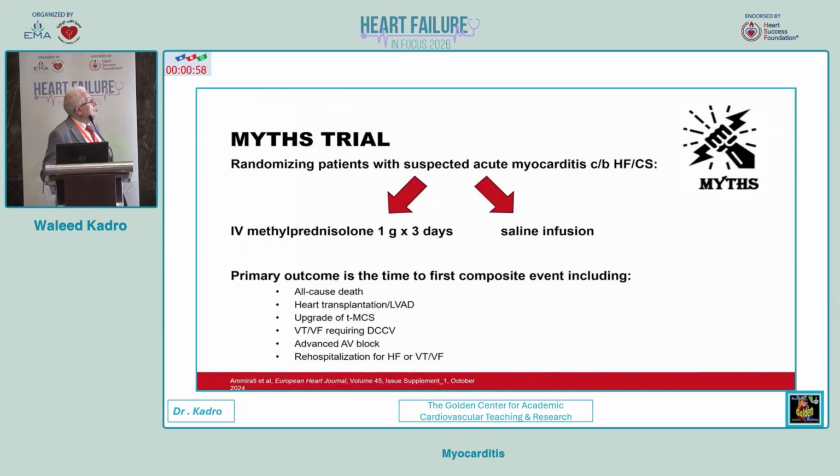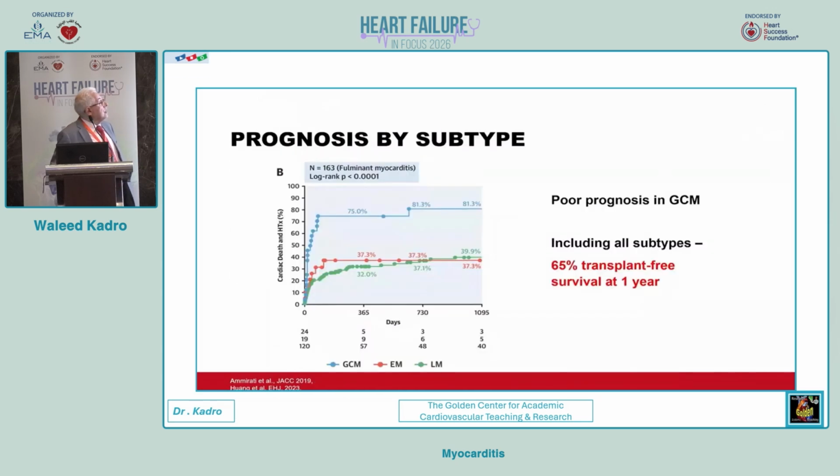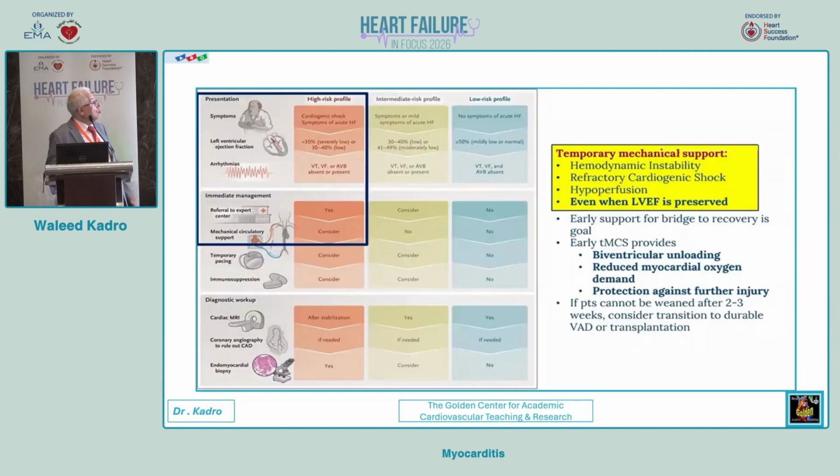Whether steroids are of benefit with simple lymphocytic myocarditis, we don't know. We are waiting for the MYTHS study, the methylprednisolone therapy trial, to predict whether it's effective in lymphocytic myocarditis. The prognosis is according to the type, as I said; giant cell myocarditis has the poorest prognosis.